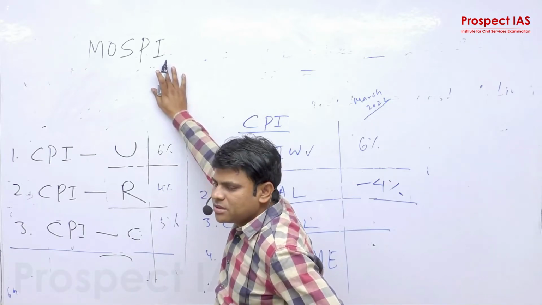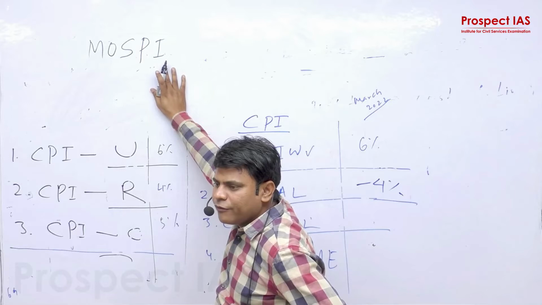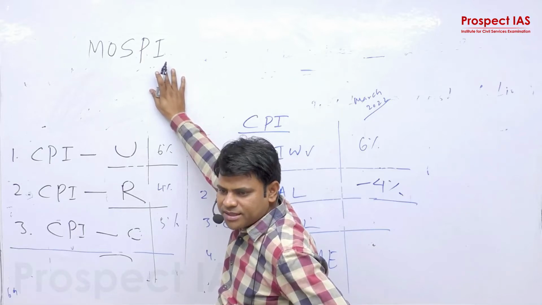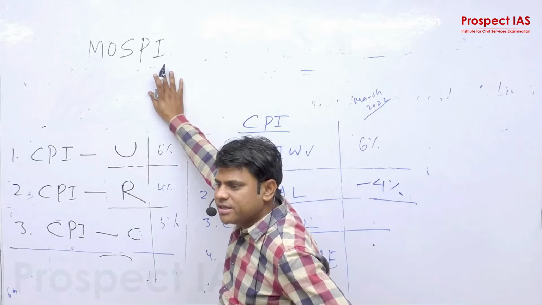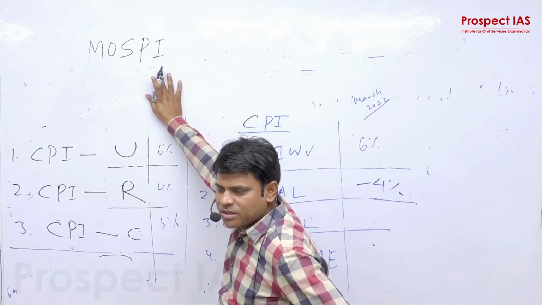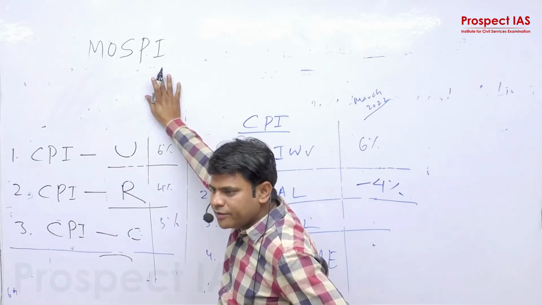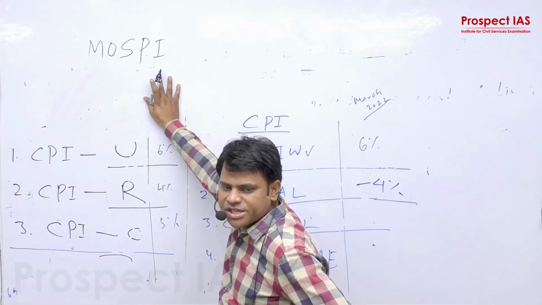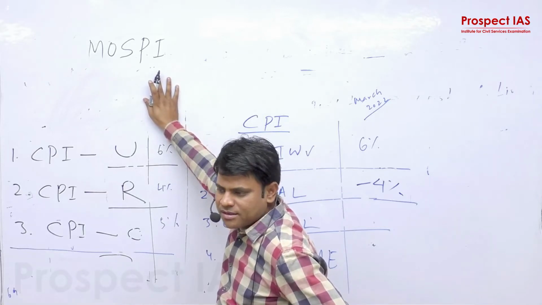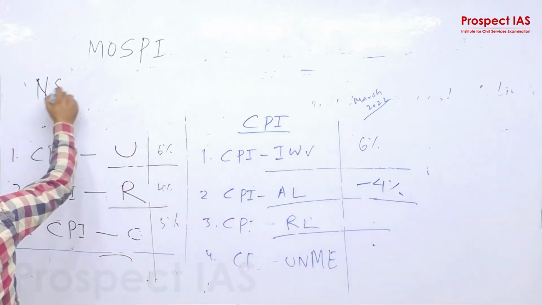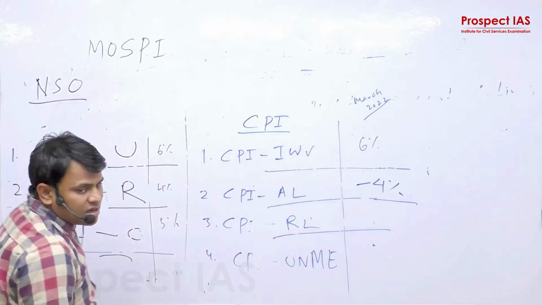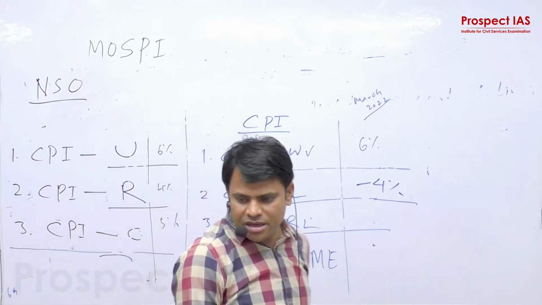But sometimes you are asked the department of this particular ministry which publishes CPI based inflation, right? A ministry consists of various departments. So sometimes you may be asked which department of this particular ministry is responsible for publication of CPI based inflation. So this department is called NSO, National Statistical Office, है ना?